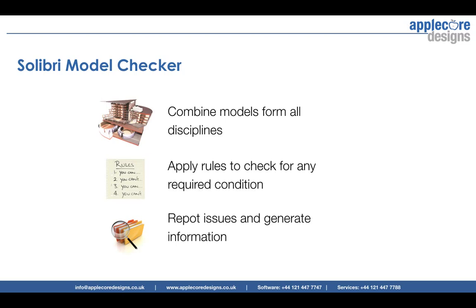We can then use rules to check against this federated model to locate design and technological use issues and fix them before they become an actual problem on site. We can then report these issues back to the appropriate personnel using BCF, making sure that we have an effective way of communicating these issues.